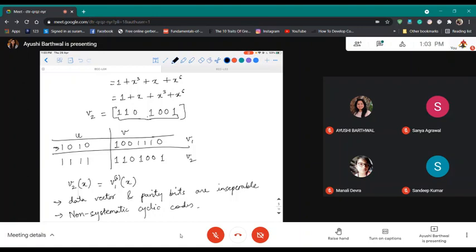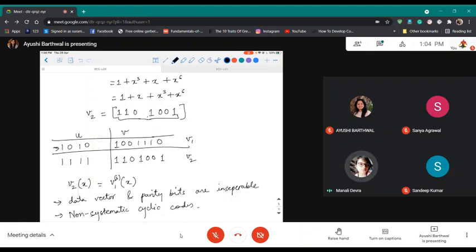You can refer to the error controlling codes chapter of that book. If you want numericals for practice, the Muralidhar Kulkarni book is not available online, the soft copy is not available. So I can give you numericals for practicing, and I'll give you the final answers so that you can practice and verify the methods.